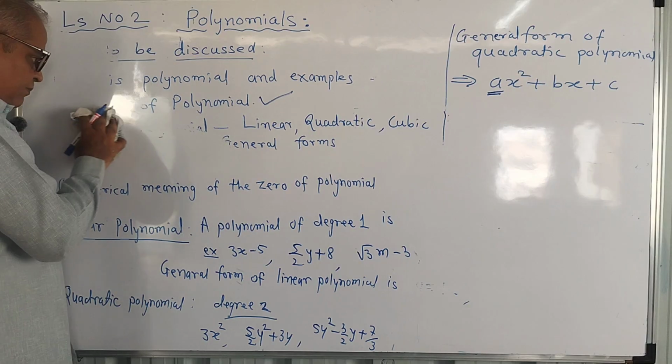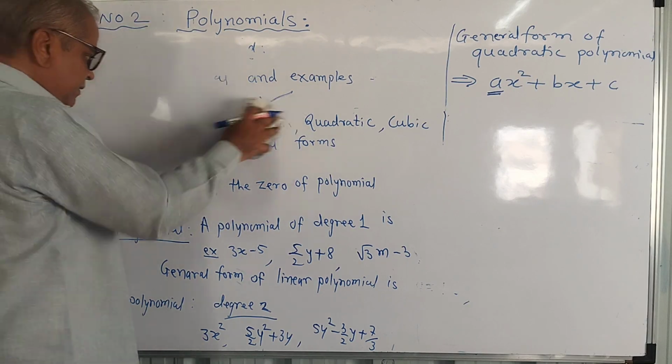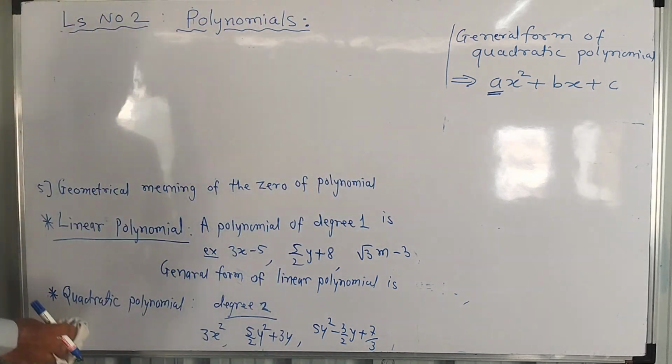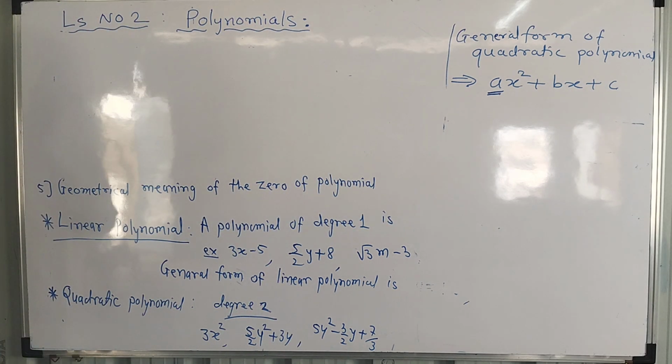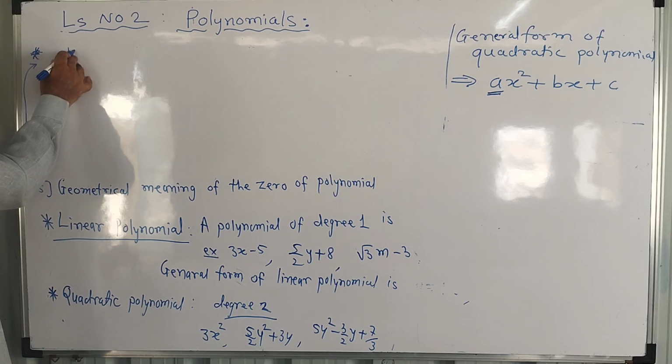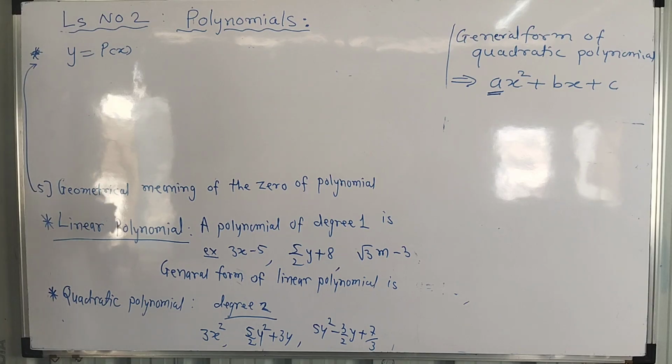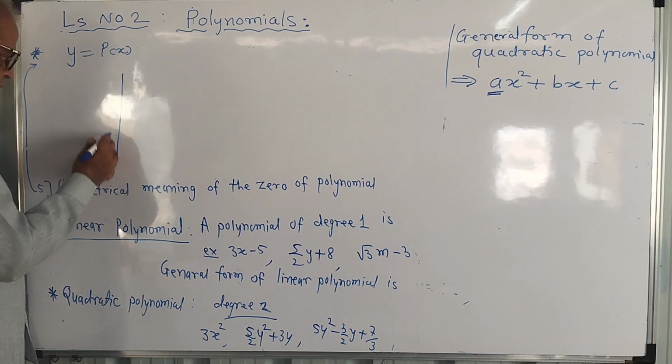Last point, geometrical meaning. What is the geometrical meaning of the zeros of polynomial? Let us consider this point. If y equals p of x is any polynomial, maybe linear polynomial, maybe quadratic polynomial, or maybe cubic polynomial, then if you try to draw the graph, it will be like this.